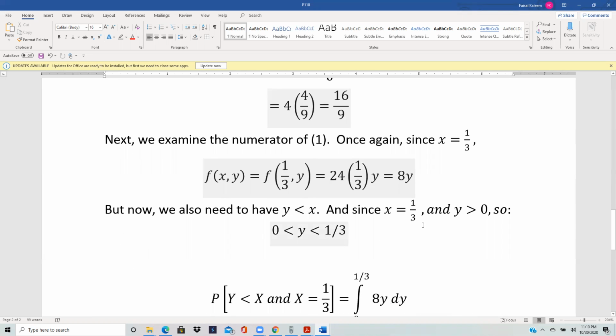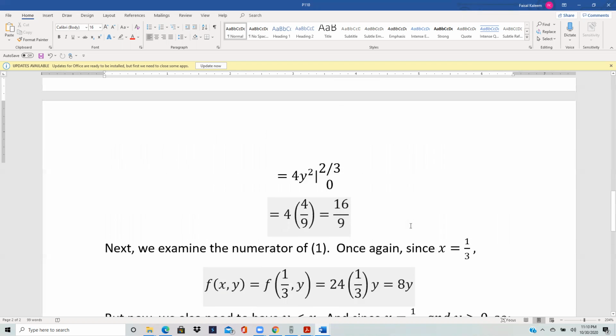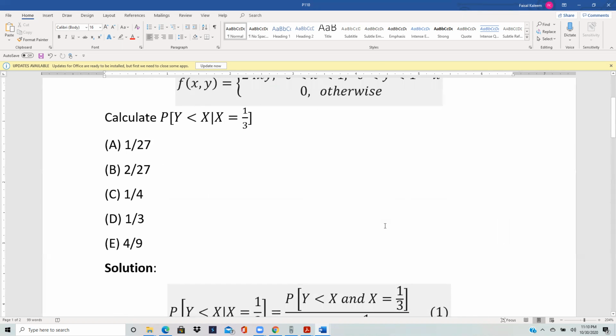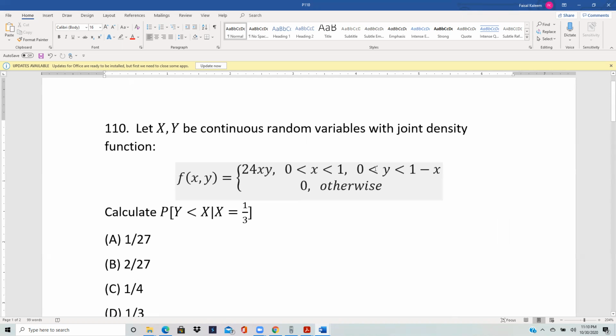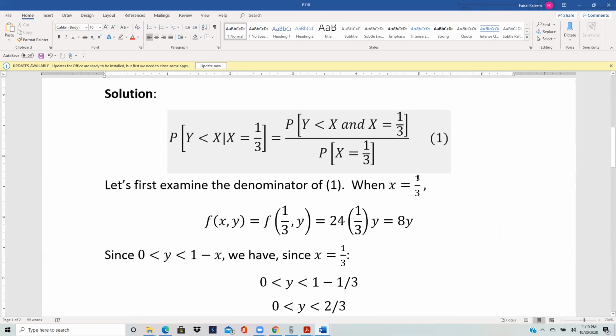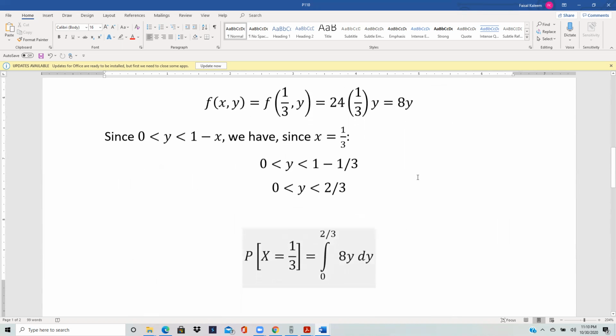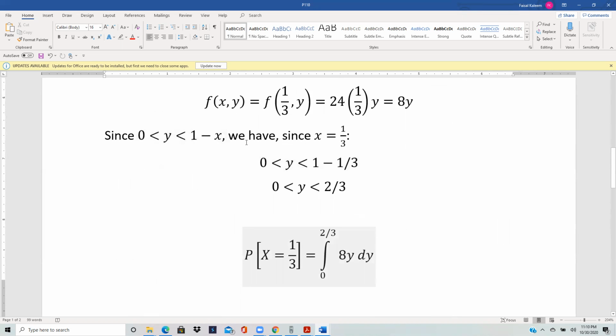Since x is 1/3, y needs to be bigger than 0, according to the given condition, and it needs to be less than 1 minus x, which means less than 2/3. But here we have an additional requirement that it also needs to be less than x.